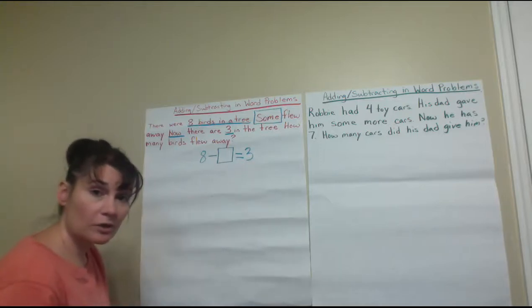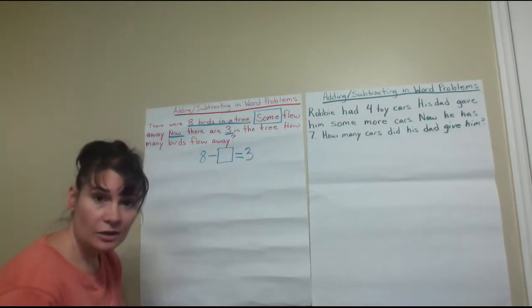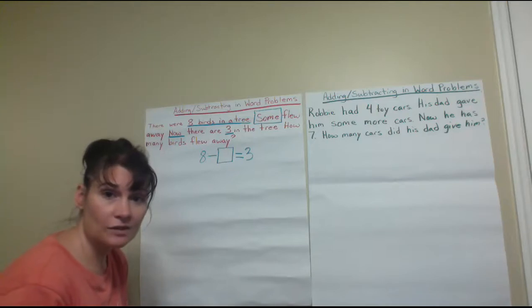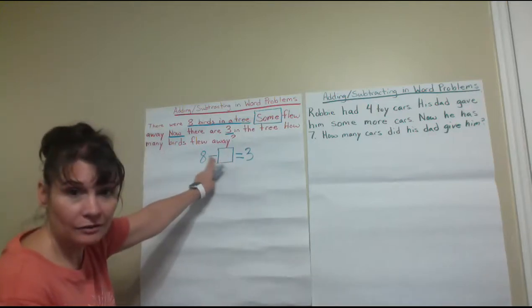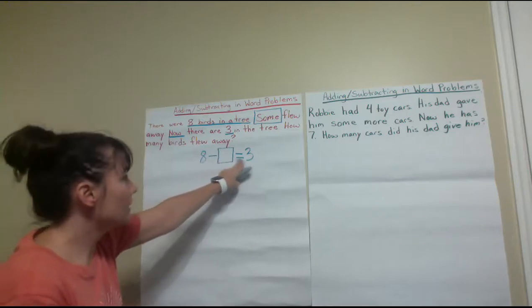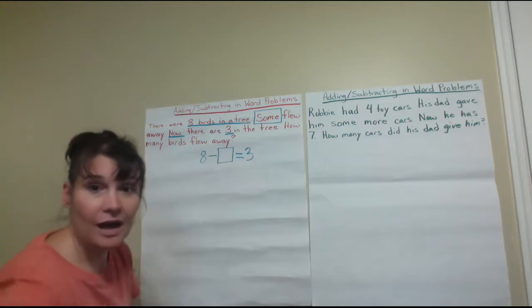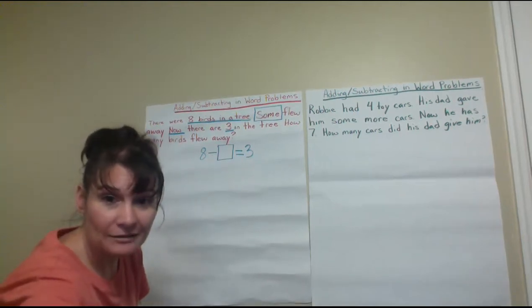Using your manipulatives and your part-whole mat, pause the video and see how you can solve this problem. How many flew away? There were 8, some flew away, and now there are 3. I'll give you a minute. Pause the video and then hit play when you're ready.